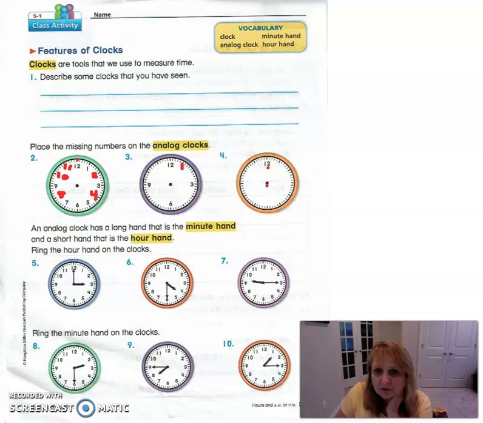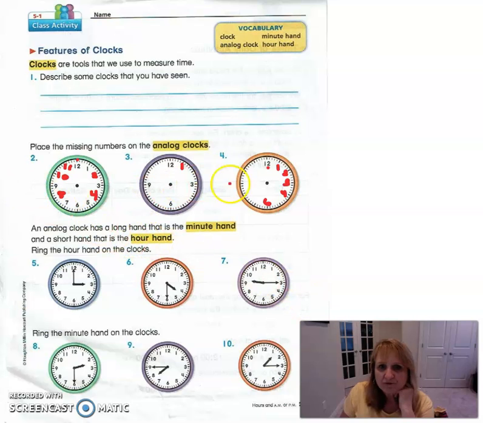If you go straight down to the bottom, you're going to know that that is the 6. And please make sure that you're just writing your numbers where those longer lines are, because those little tiny lines, those are counting the minutes. Okay, and go ahead and finish filling in those 3 clocks. All right, you can pause my video if you need to give yourself a little bit more time if I'm going too fast.